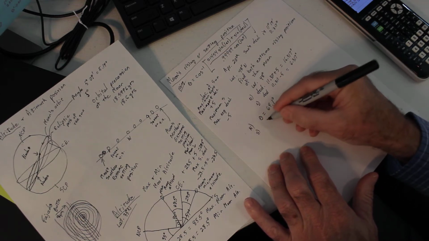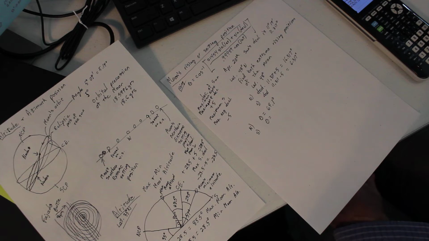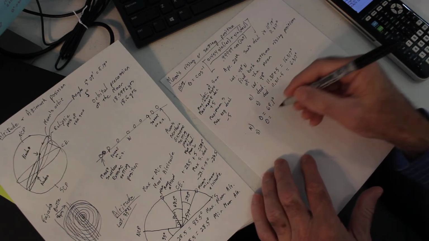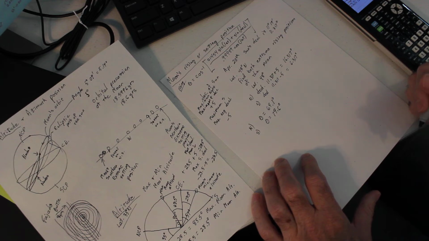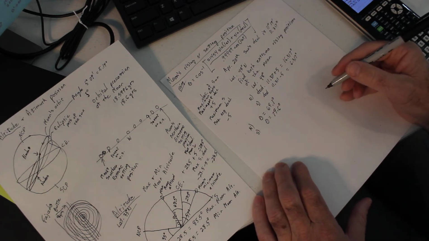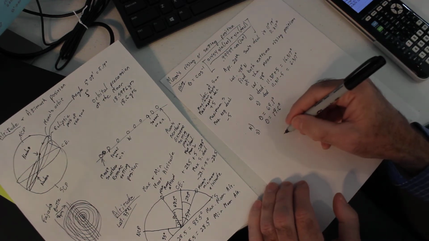For the southern position, I put in 48 for the latitude and 6.317, and I get 79.6 degrees. All right, but remember, for these kinds of problems, I always want you to draw a picture.